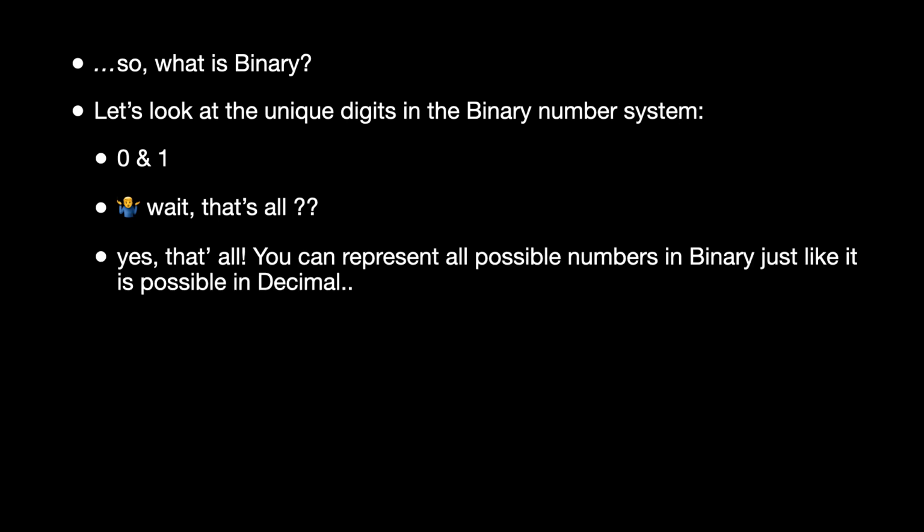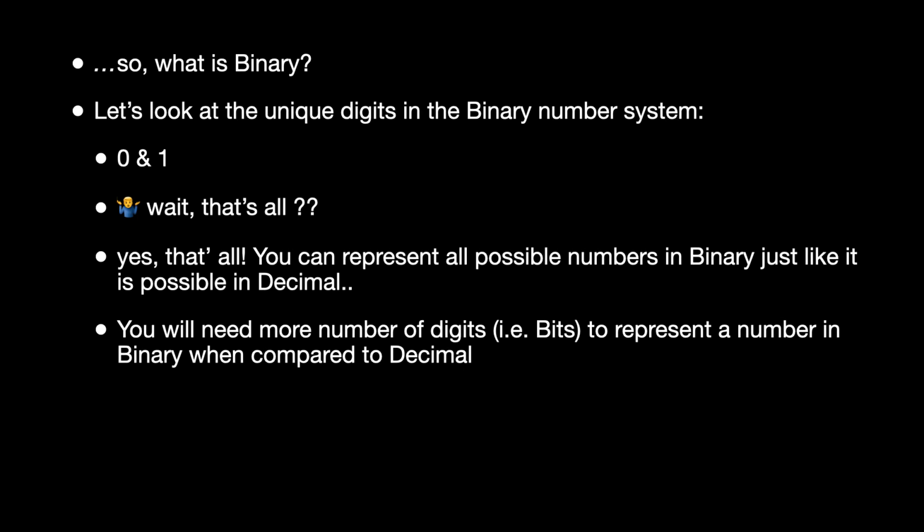You can represent all possible numbers in binary, just like it is possible in decimal. However, you will need more number of digits, that is bits, to represent a number in binary when compared to decimal.